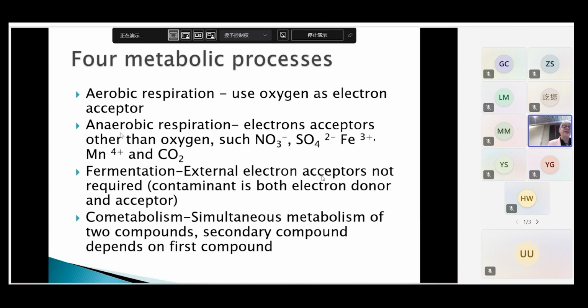The issue is you have to find plants that are tolerant to the contaminants, obviously. And also, what do you do with the plant when it becomes contaminated? These are some of the issues you have to deal with.